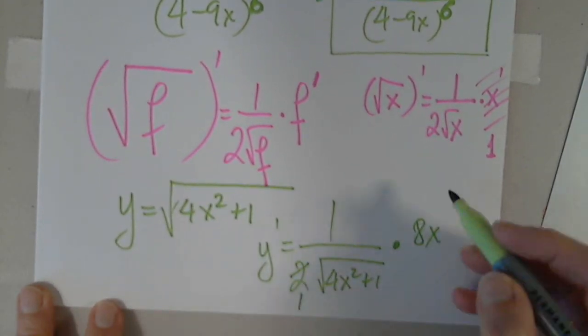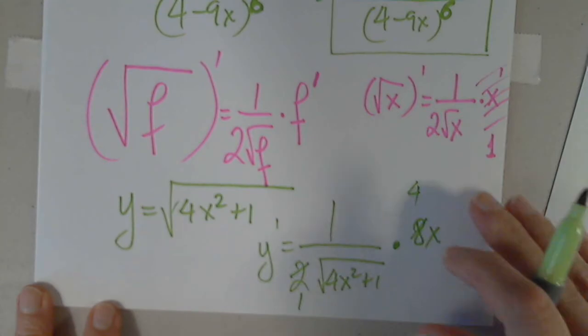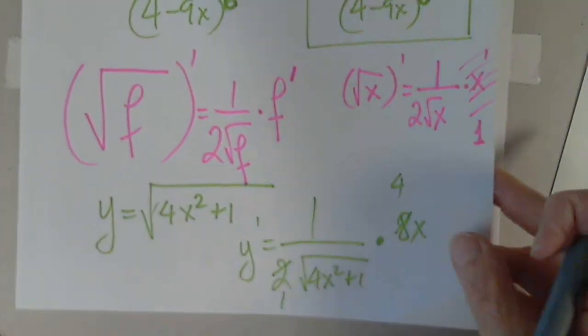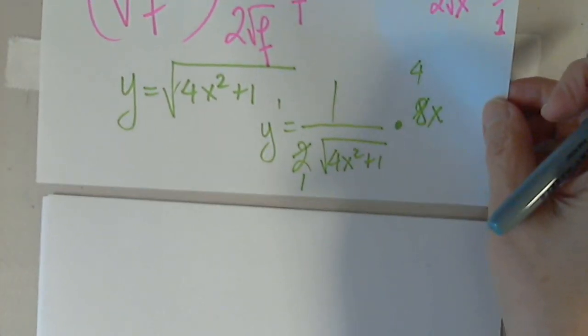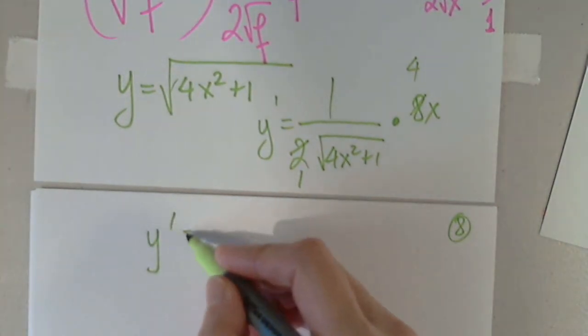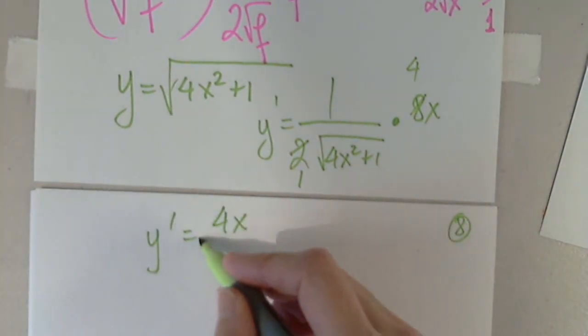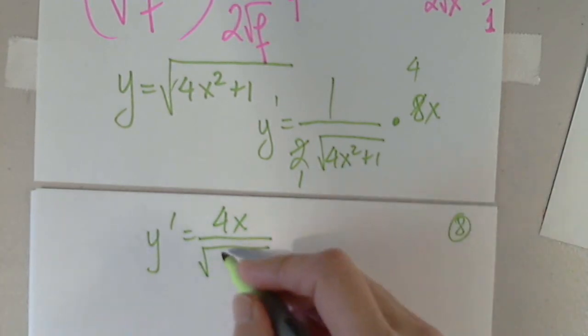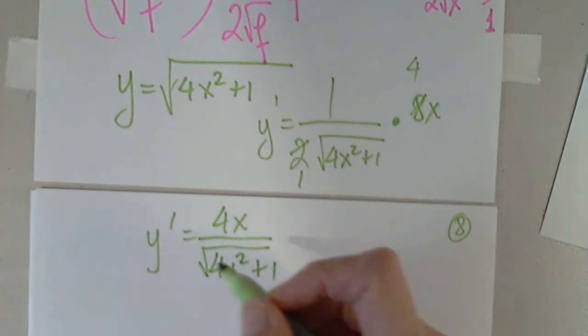Yes, I will simplify the 2 with the 8. And the final simplified form of this derivative is y prime equals 4x over the square root of 4x squared plus 1.